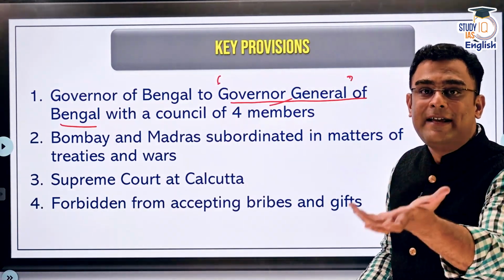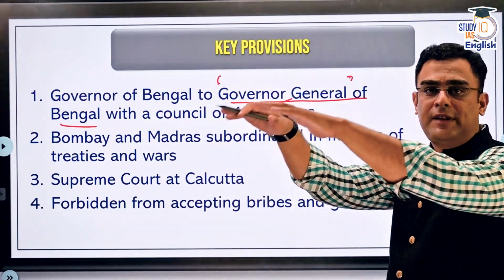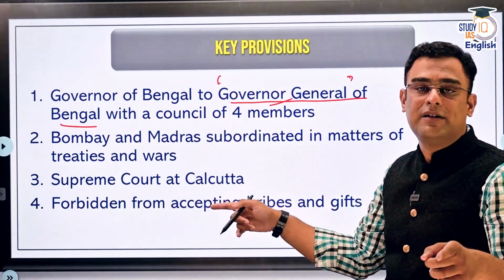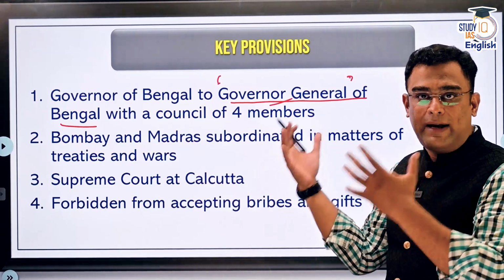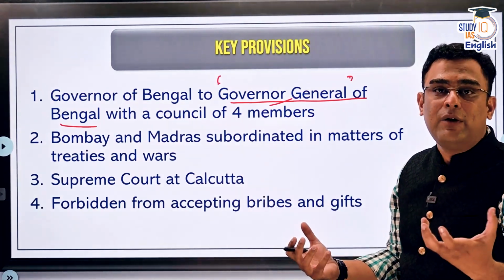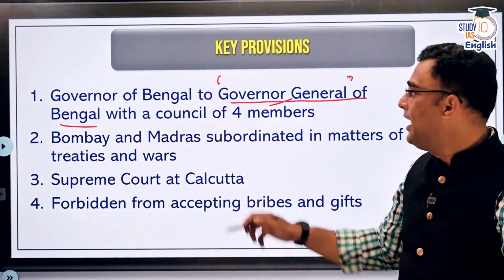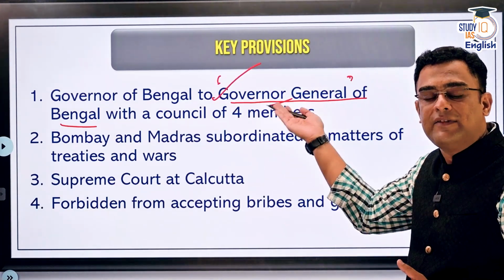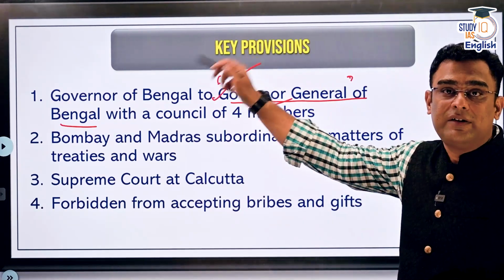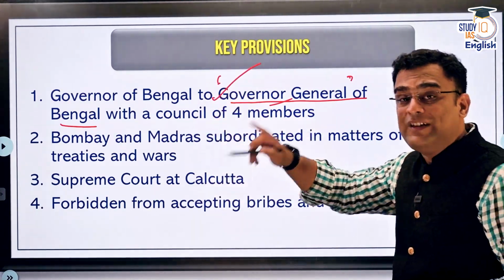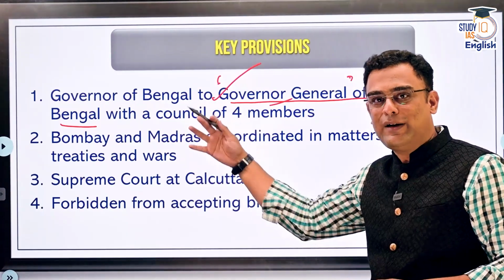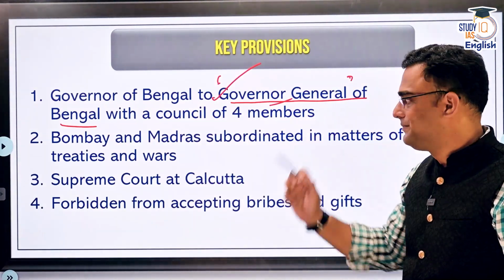That is to underline the fact that the Governor of Bengal is at a higher pedestal as compared to the other two governors. Bengal is the center of gravity of East India Company's rule in India, and therefore the Governor of Bengal has an elevated status. He is now referred to as Governor General of Bengal. So can you see that trend of centralization that I spoke about earlier towards Bengal? This is very visible here.